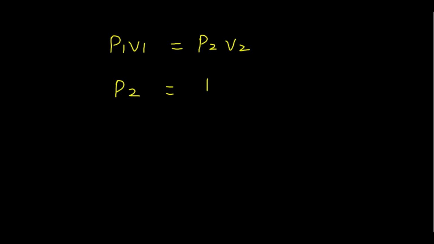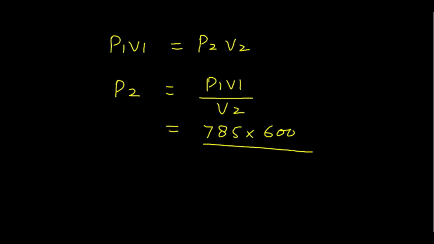P2 is equal to P1 V1 over V2. Now substitute the values in this formula. P2 is equal to 785 multiplied by initial volume which is given 600 divided by the final volume which is given 350.